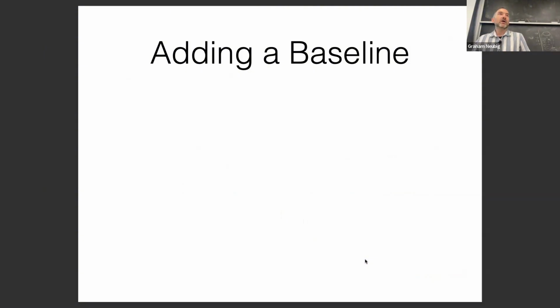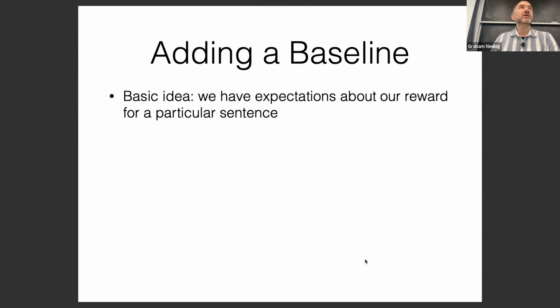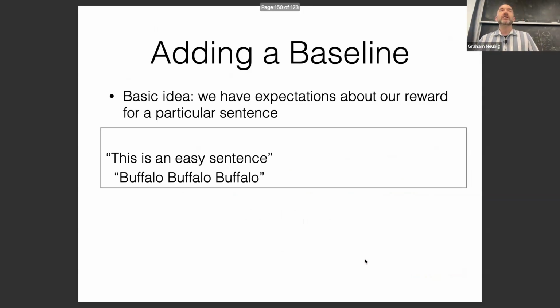Another thing that's rather common in models is adding a baseline. The basic idea is we have expectations about how difficult a particular instance may be to solve. Let's say we're handling a translation task, and our input is either "this is an easy sentence" or "buffalo, buffalo, buffalo."